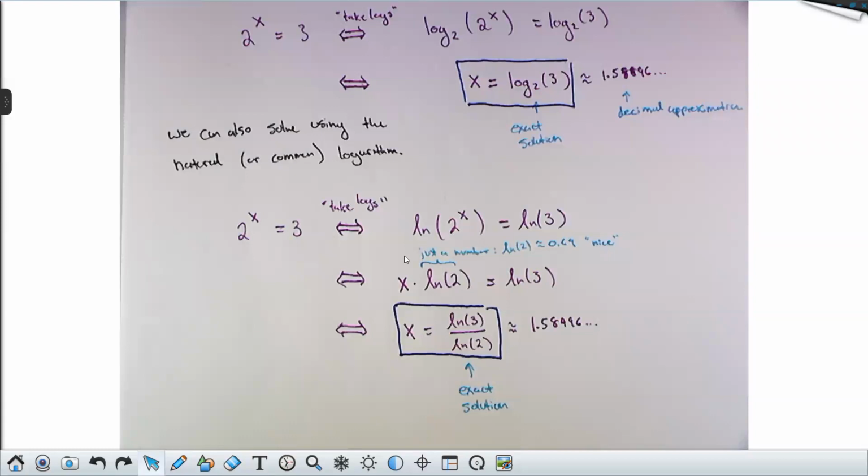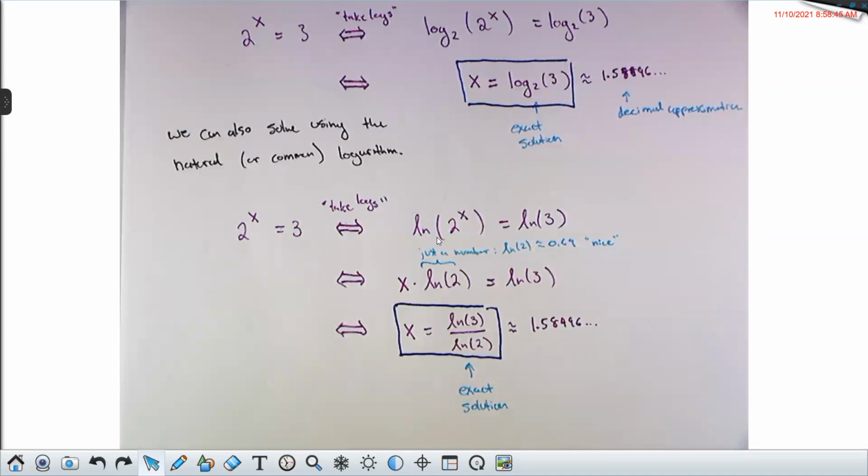A few comments here. I'm going to solve more exponential equations for you today because this is the section we're in now. And when I do that, I'm always going to use the natural log, right? The natural log, in the same way that everybody likes e to the x and will go through great lengths to avoid using other exponentials, the natural log is everybody's favorite logarithm, and I will go through great lengths to avoid using other base logarithms.